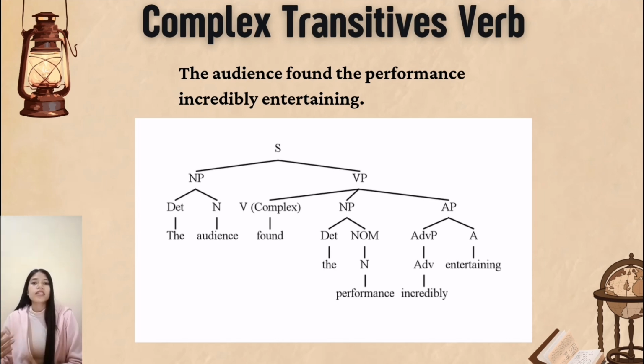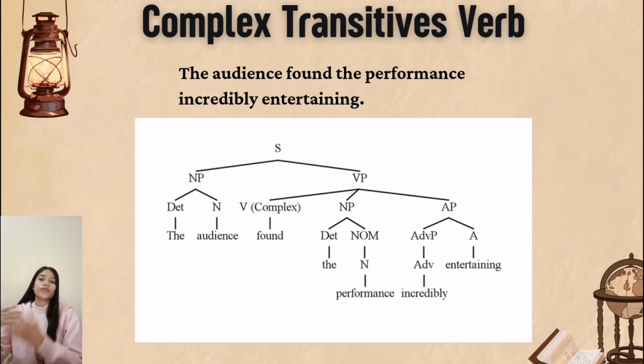So the performance functions as the direct object, which receives the action. Meanwhile, the phrase incredibly entertaining here functions as the object predicative in the form of an adjective phrase or AP. So this object predicative cannot stand alone.